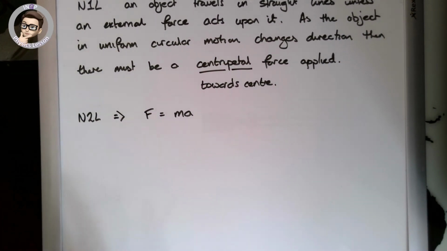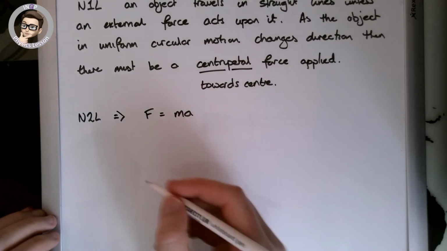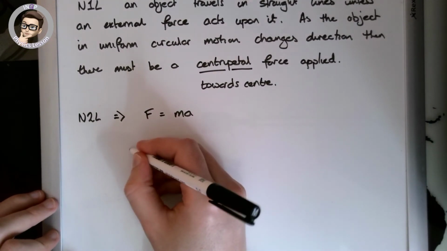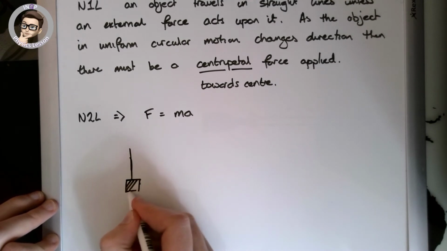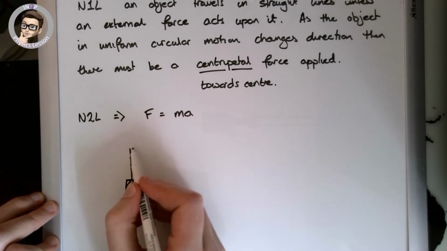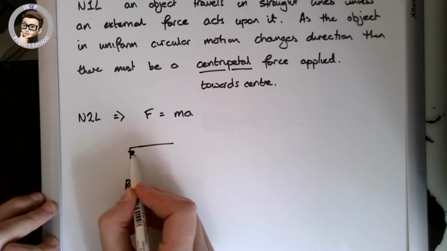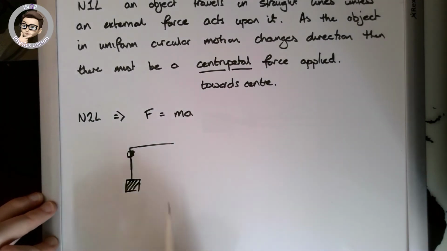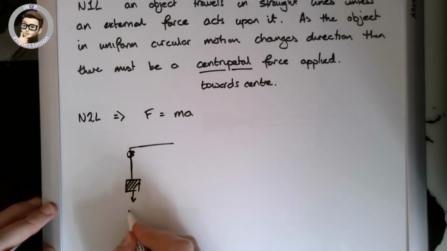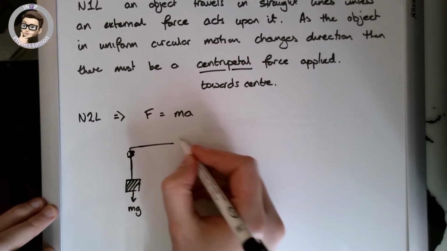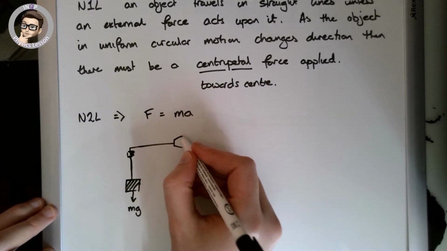But let's talk about what these forces could be. So if we were in the classroom right now, you'd be doing an experiment. I don't like this one because it hurts when it goes wrong. But you'd be doing an experiment where you're holding the top of this piece of glass with the rope through it. We put a mass on the bottom, so we've got a value of mg pulling down, and you've got a rubber bung at the end.